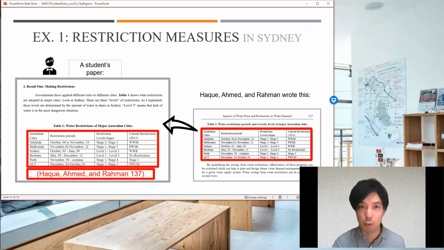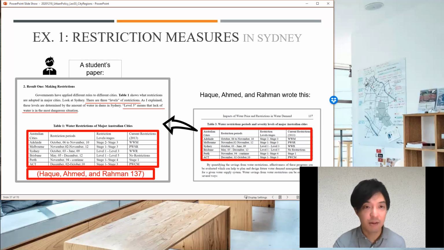Don't forget to write the original authors' names. If you didn't write the authors' names, then you are pretending that you yourself made this table. But this is not true, right? They made this table. So you should mention their name.